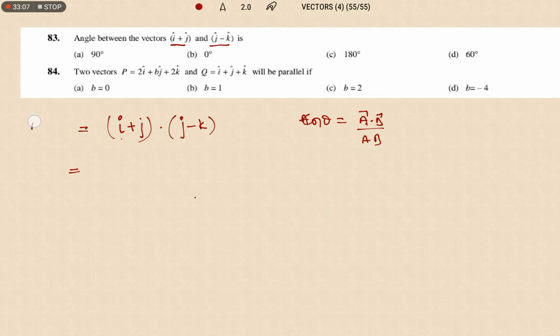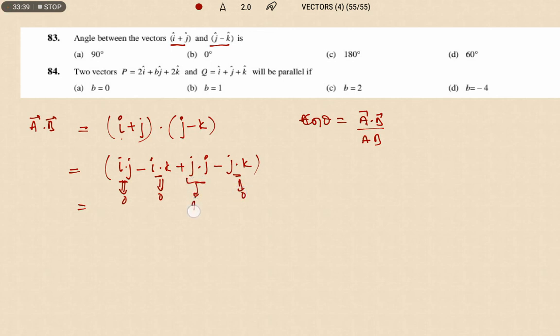So here I am finding a bar dot b bar. So i dot j minus i dot k plus j dot j minus j dot k. These are perpendicular vectors, so the dot product gives 0, and this alone we got 1.